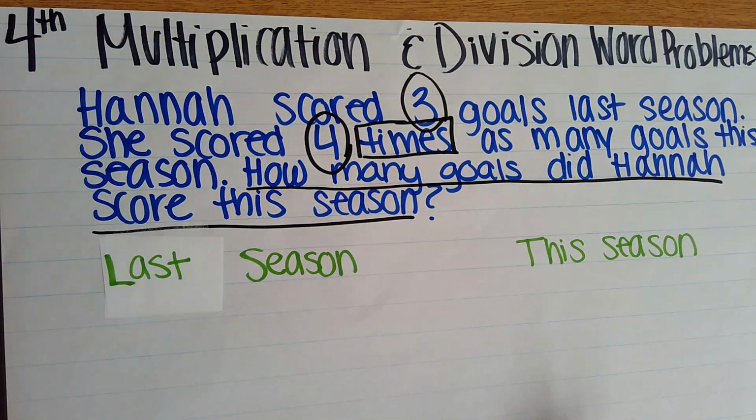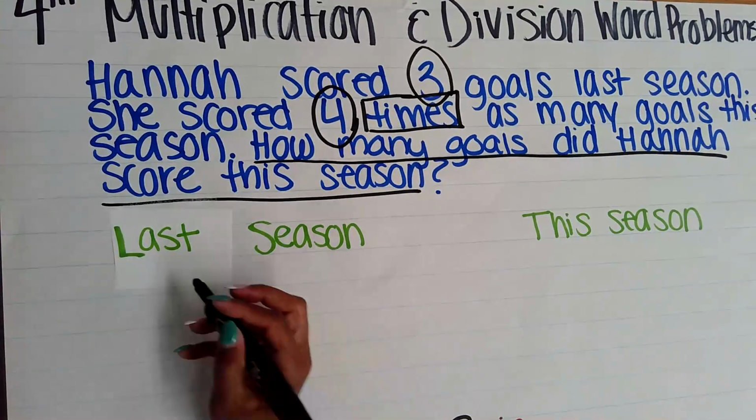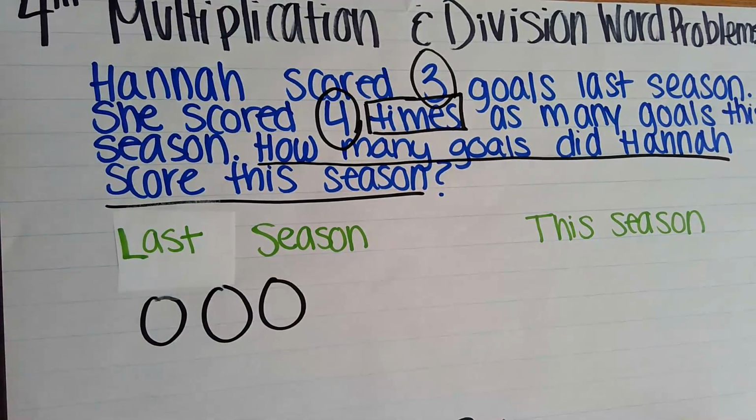So if I then think about how I need to solve the problem, I have 3 goals last season and then I have 4 times as many goals this season. So if I start with a visual, last season Hannah scored 3 goals. So I can use a picture or a model to represent those 3 goals.